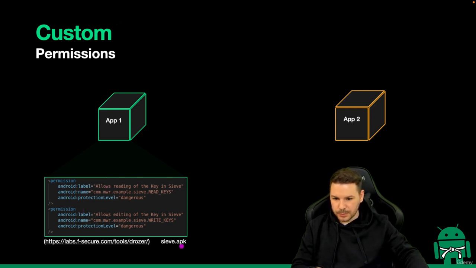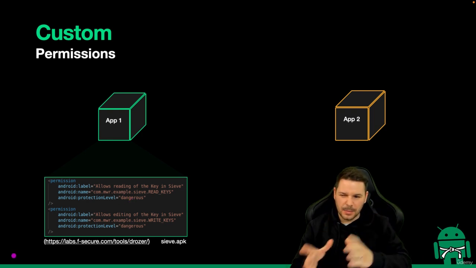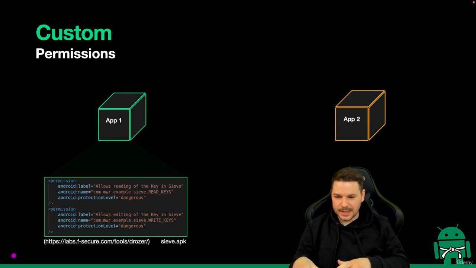This is, by the way, from the Seev application, which we, I guess, have seen so far. Otherwise, we will also have a look into this one, but back to this one. So this permission over here is defined, and now we have a label, allows reading of the key in Seev, Android name, this is the name of this permission, and then we've got a protection level. In this case, dangerous. And this is also a little bit misleading, but more on this later.